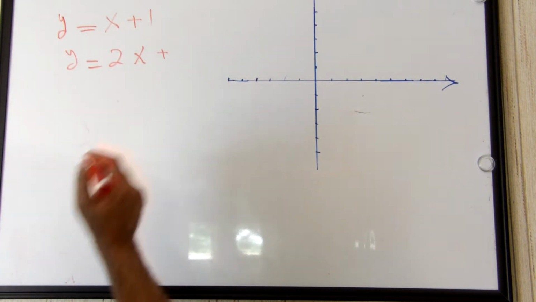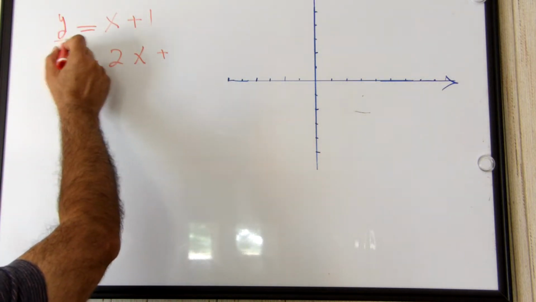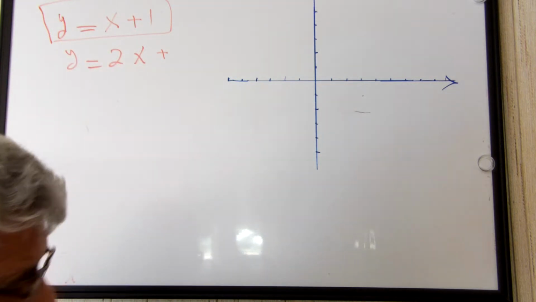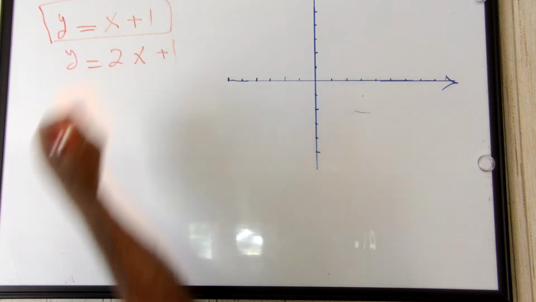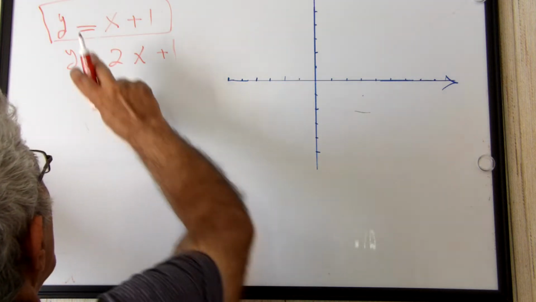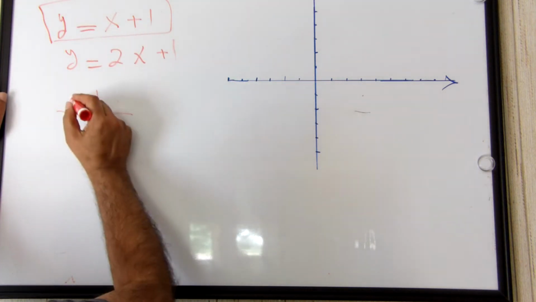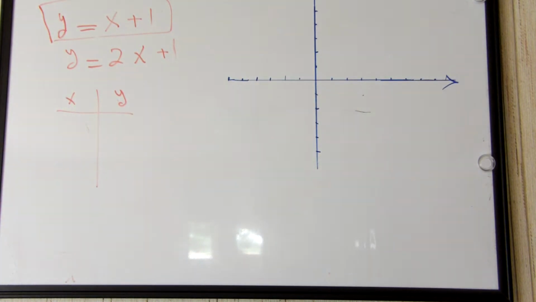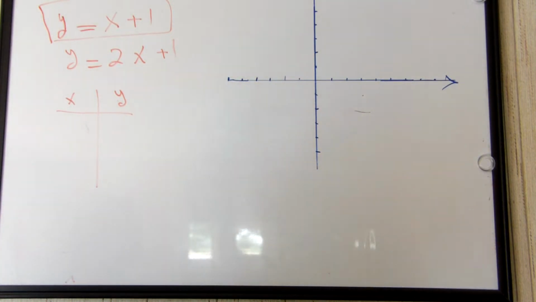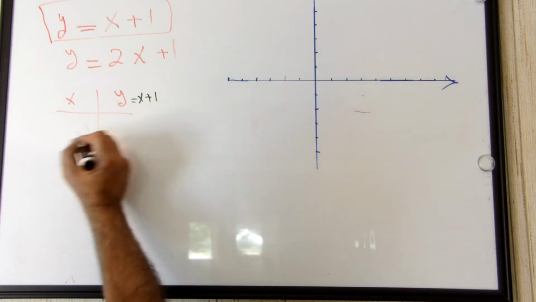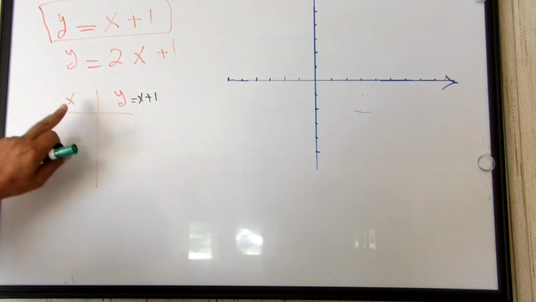If you write it in this form, slope and intercept, you can draw it without much work. We take x and y, give a value to x in y equals x plus 1, and then find y.